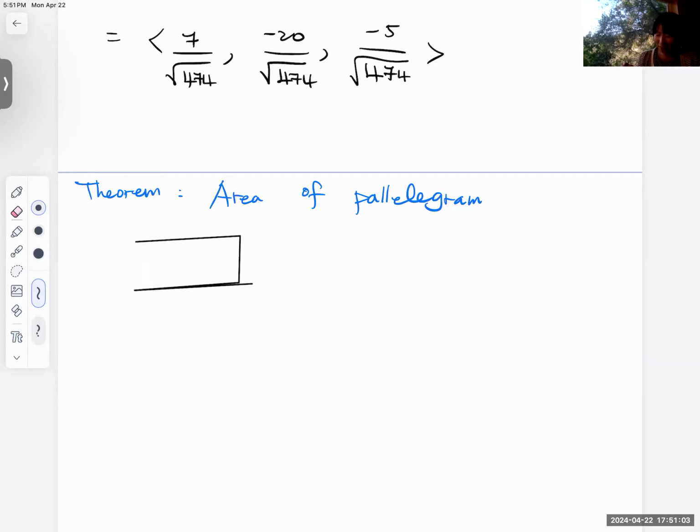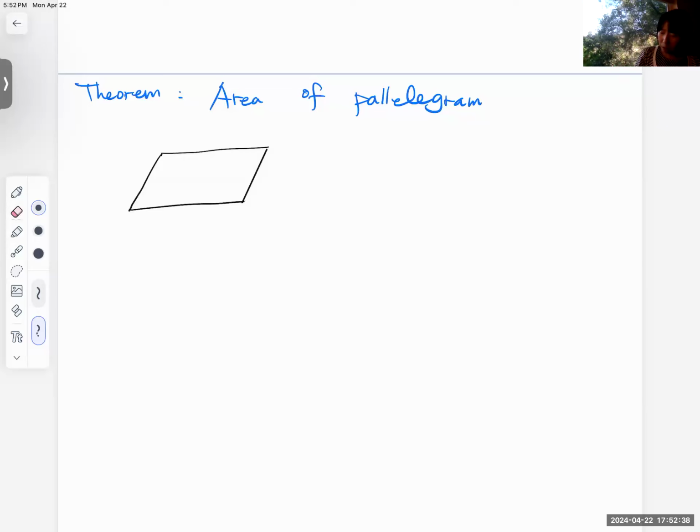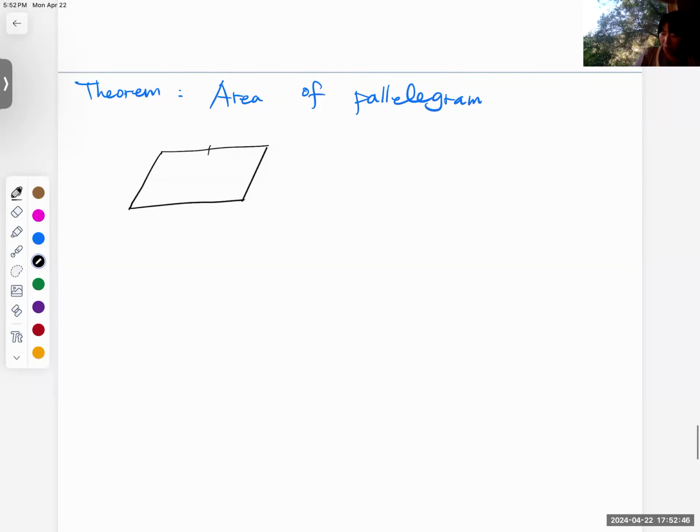Okay, hold on. We know that in parallelograms, they are the same size here and there, right? And they are also the same size here and there, right? And then this line is parallel to the opposite line, right? And parallel with this line, right? Okay, now we want to make here perpendicular with the line.